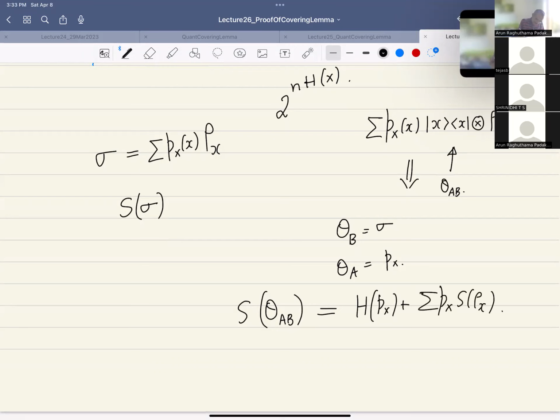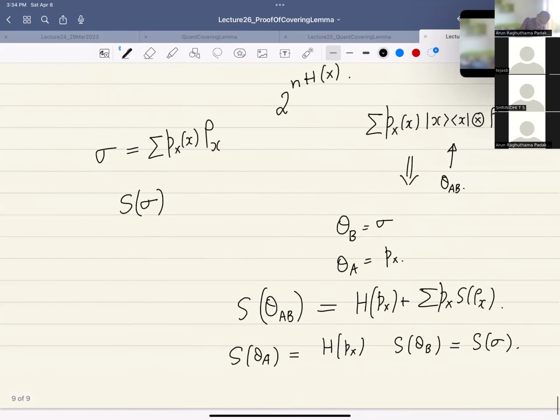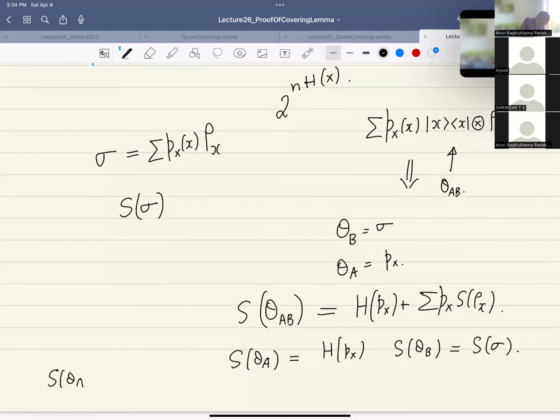This is theta AB. And S of theta A is h of Px. And S of theta B is equal to S of sigma. And we use the fact that S of theta A plus S of theta B is greater than S of theta AB, but this only tells us something.